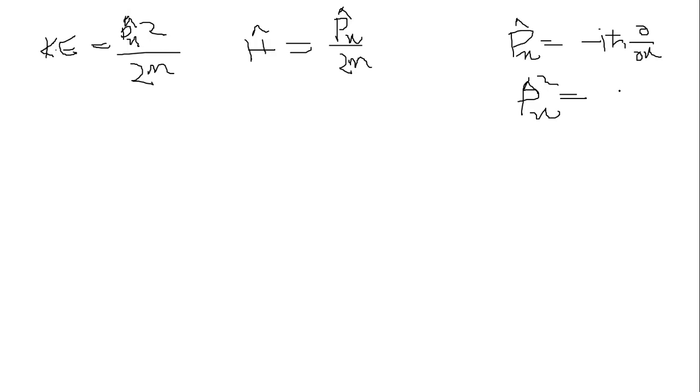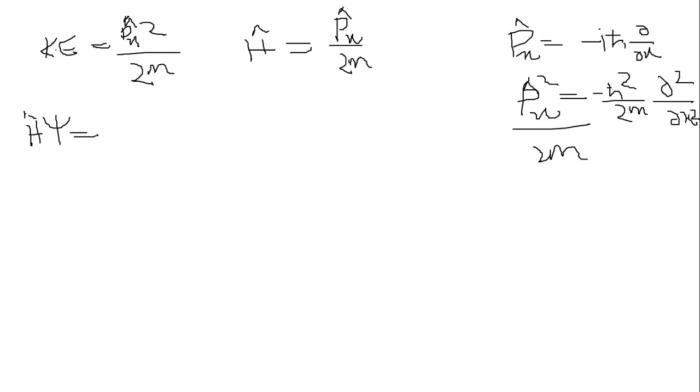So p square by 2m will be minus h cross square by 2m del square by del x square. So for H cap psi, what will we write?